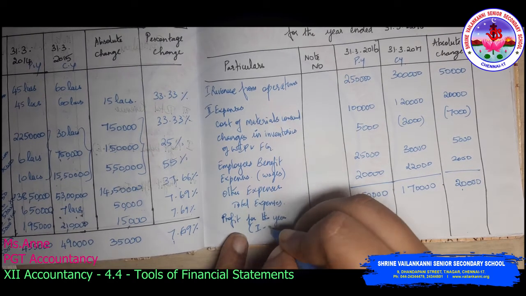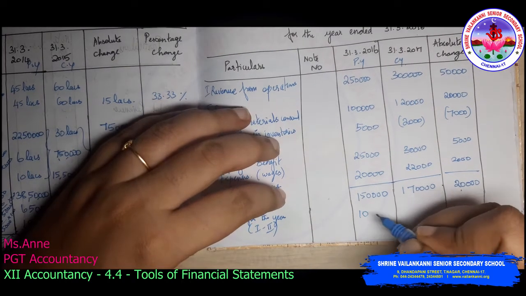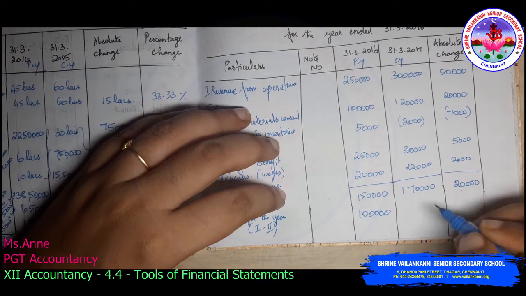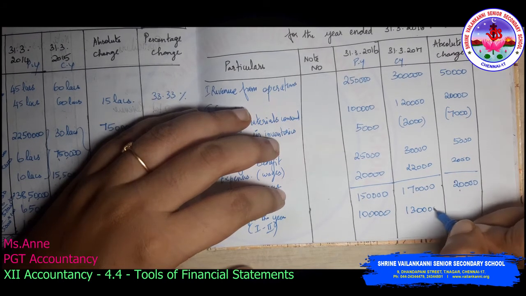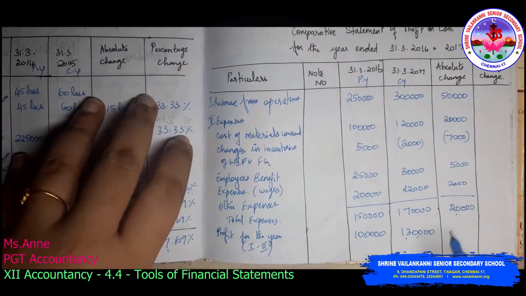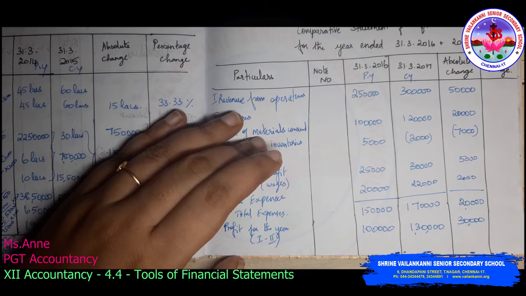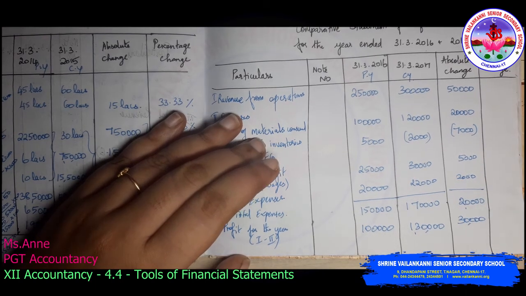So 1 minus 2, that is going to be 2,50,000 minus 1,50,000, which is 1 lakh. And then here it is 1,30,000, because 3 lakhs minus 1,70,000, which is 1,30,000. So ultimate change is increase by 30,000. So this is what we need to find.